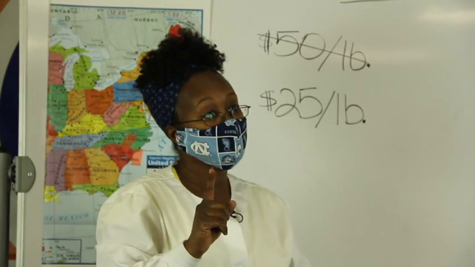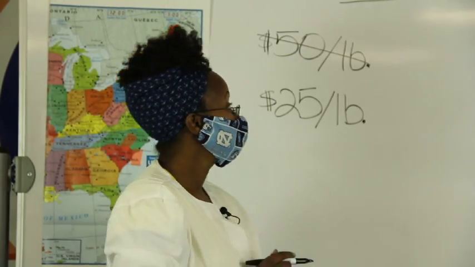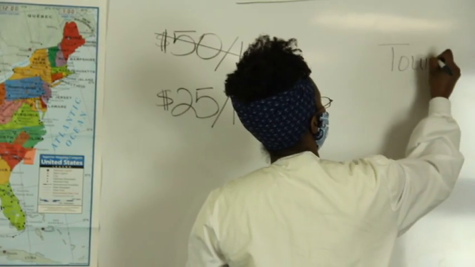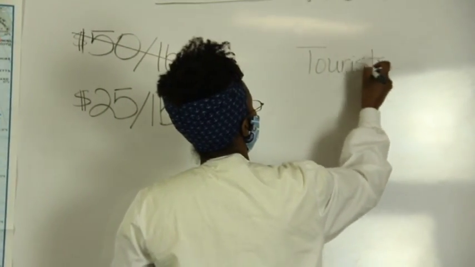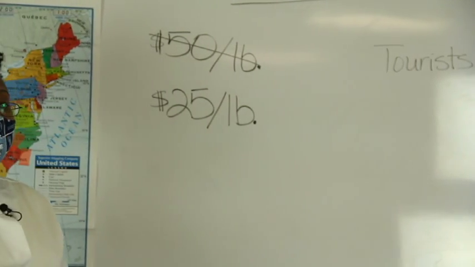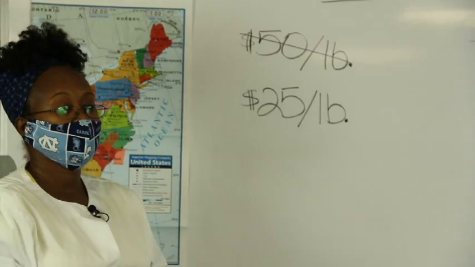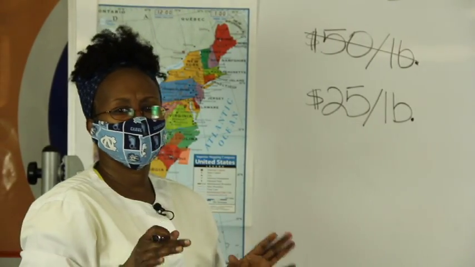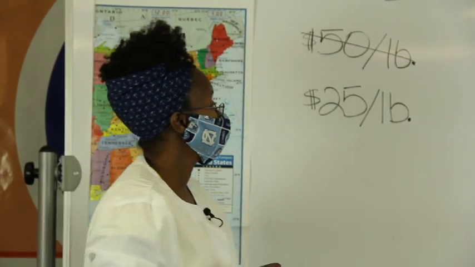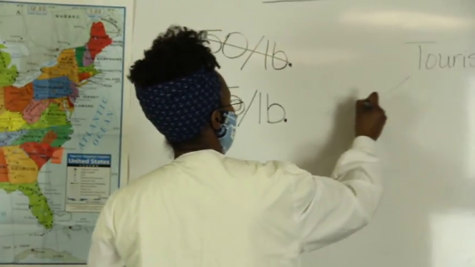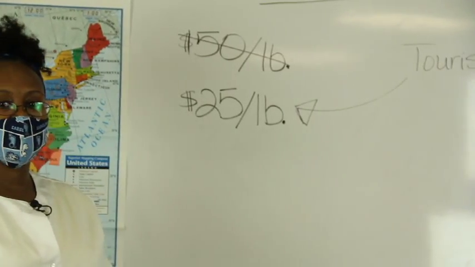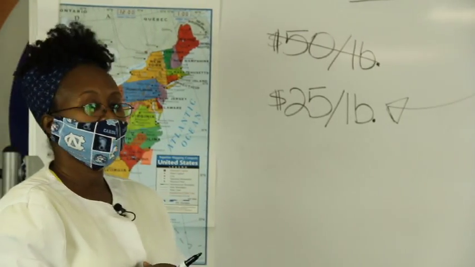However, you may have tourists from somewhere that live in a place where they cannot get fresh seafood, and they're on vacation, and they have brought their money to spend. And so they may say, okay, I'll do this. But how much seafood do you think they're going to buy for $25 a pound?